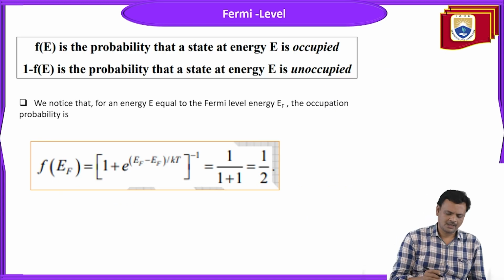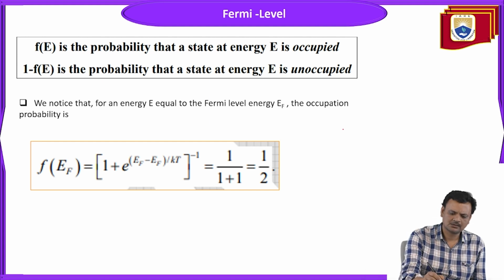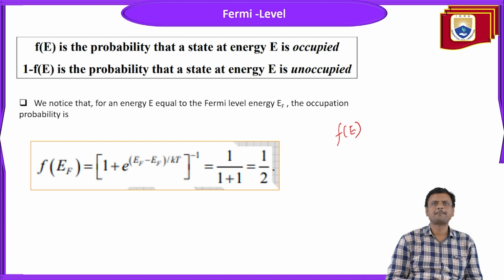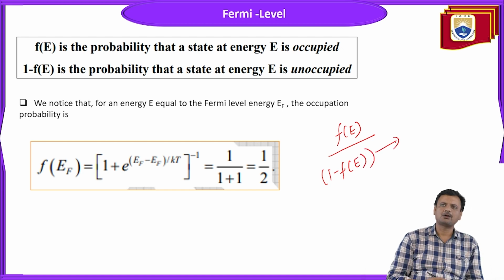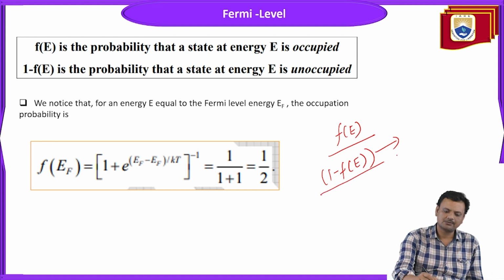So you know that the probability of occupancy, or the probability distribution function of an electron in an energy level, is given by f of E, and at the same time you can also calculate 1 minus f of E. What will be the probability for an unoccupied energy level? That is, what is the probability of an energy level E which remains unoccupied?